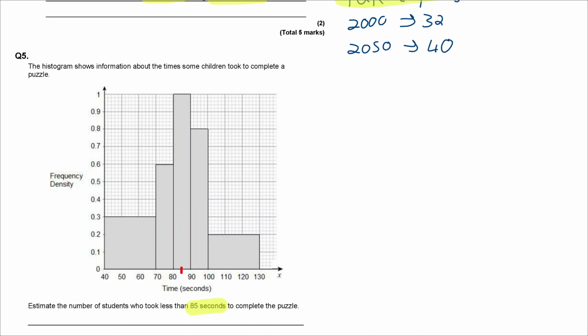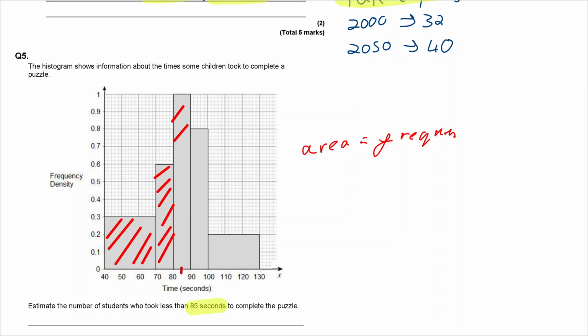Okay, and you know that area of a histogram represents frequency, how many people. You want basically everything to the left of 85. So you want everyone in this box here, and in this box, everything that's lower than 85, so everything over here, okay?